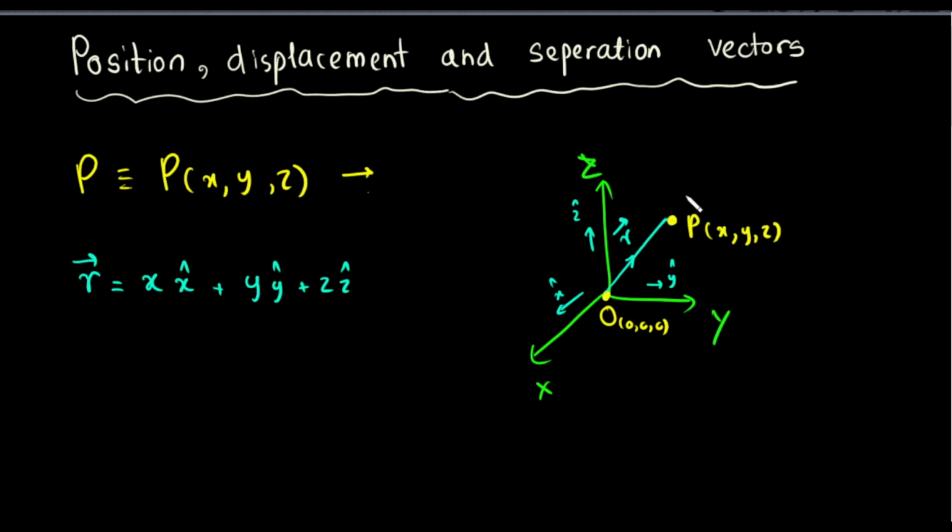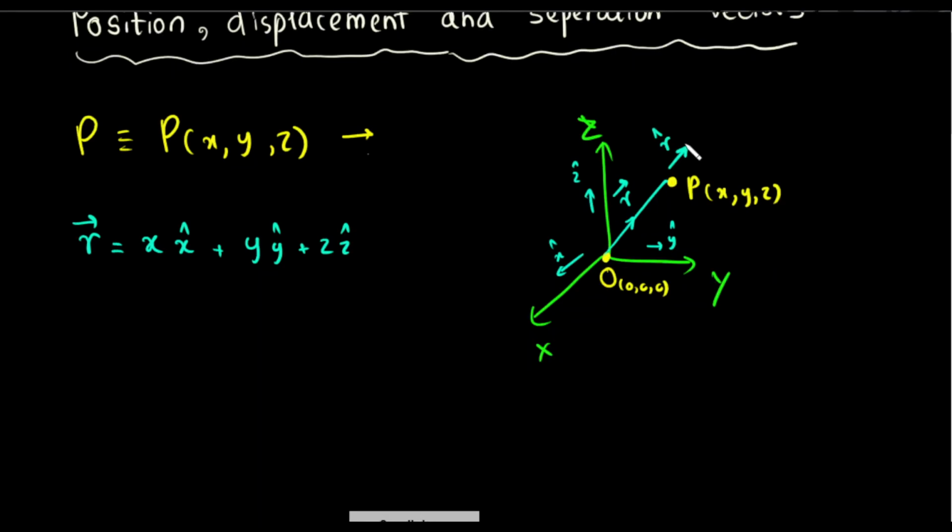Right now I'm going to define a unit vector along the R direction. I'm going to use this basic definition. When you are finding the unit vector of a vector, you have to divide the vector by the magnitude of this vector.